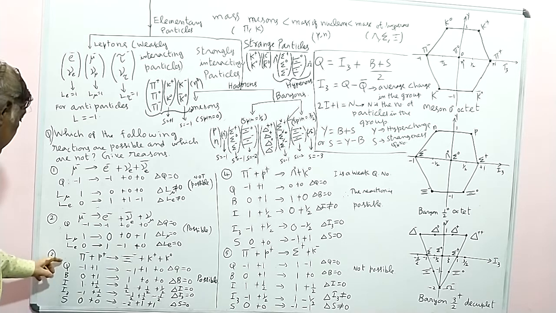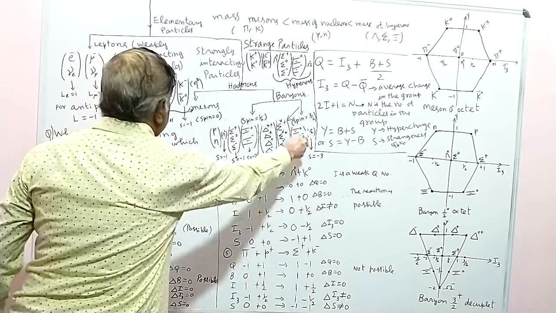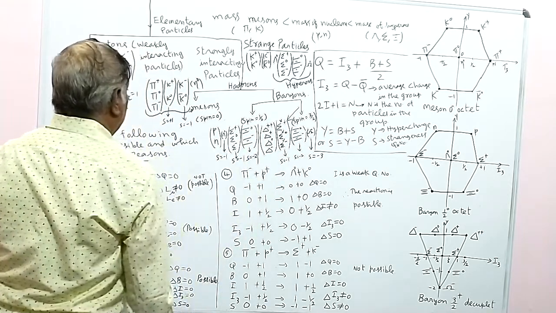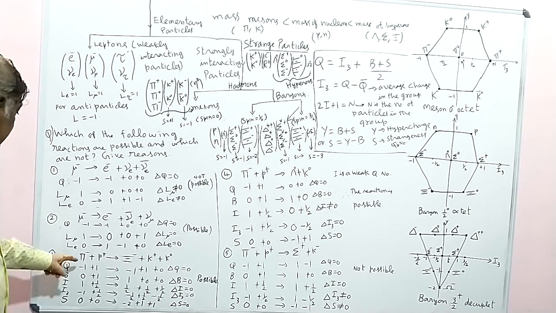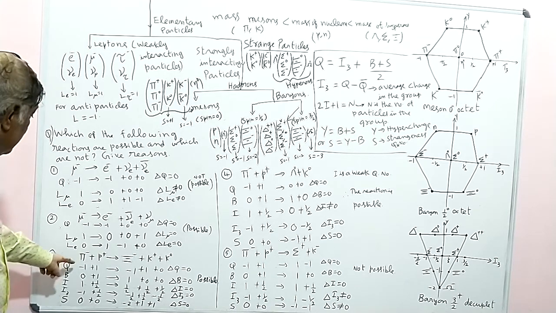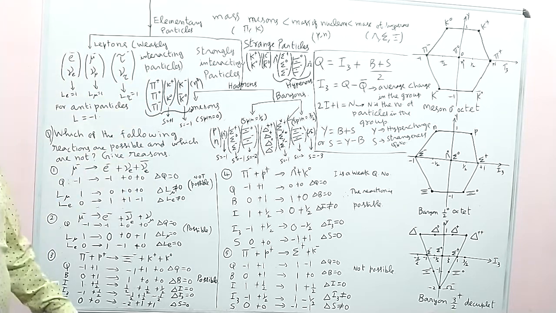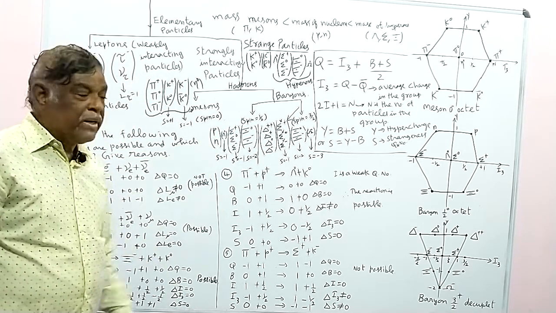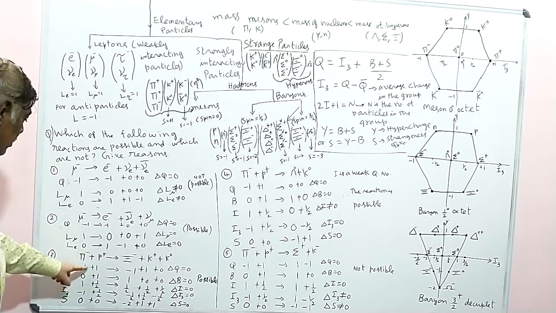So the charge conservation can be obtained very easily. Now, these particles are baryons, and for baryons the baryon number is 1. Pi is a meson, and for meson the baryon number is 0.